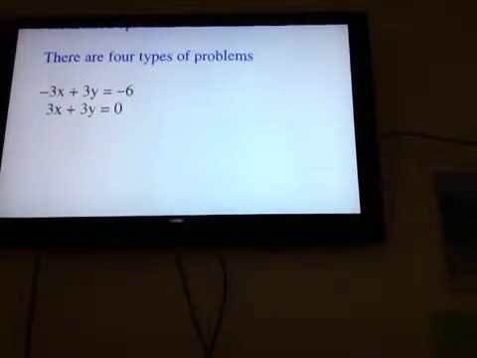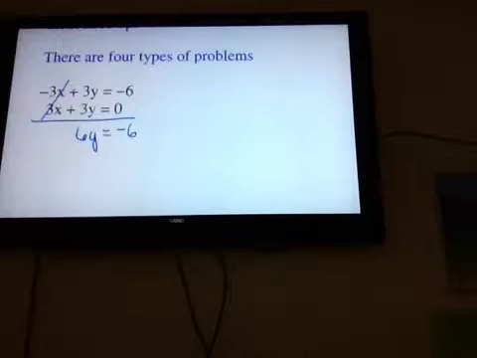Okay, so the first example, I'm going to add: positive and negative 3x cancel. Positive 3 gives me positive 6y, equals comes down, negative 6 and 0 is negative 6. And I solve that. It should just always be a division, one step there.